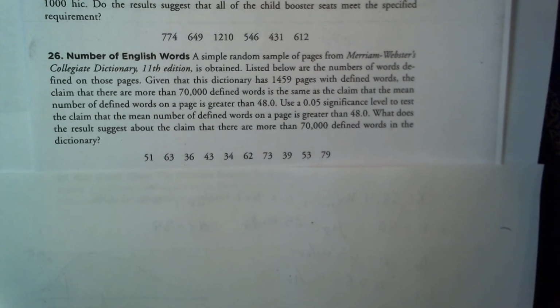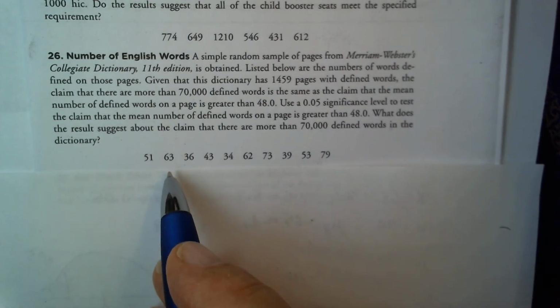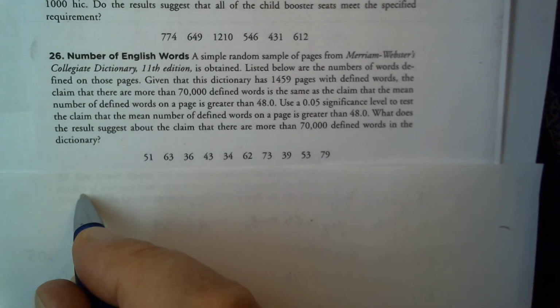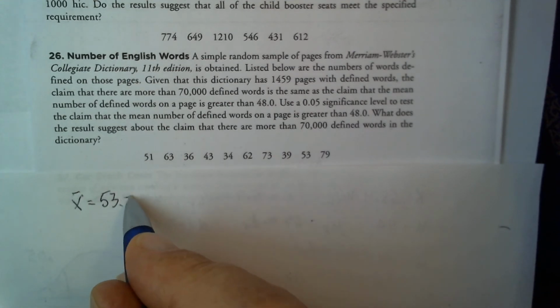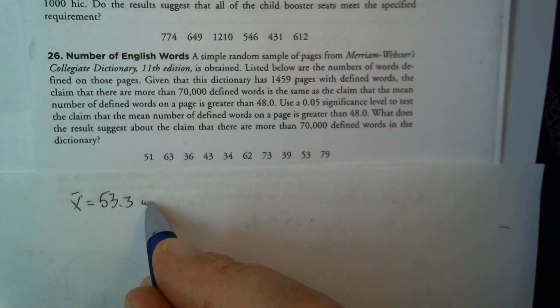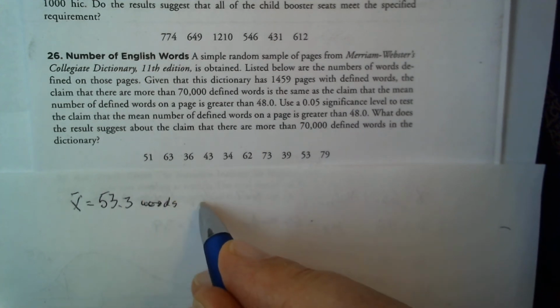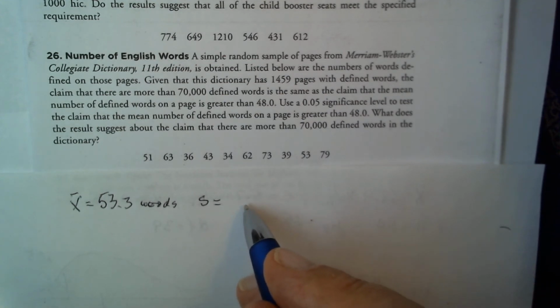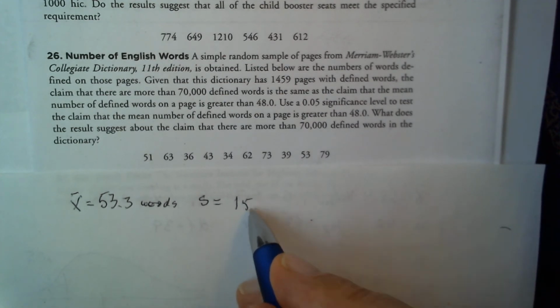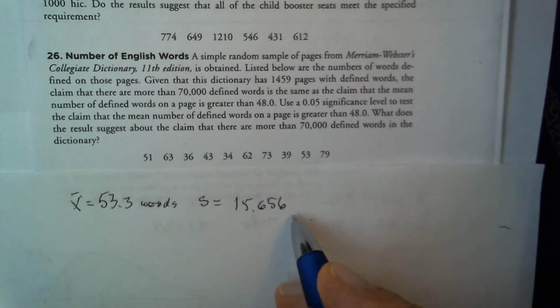So let's look at the data. When we use the existing data here, we find that our sample mean is equal to 53.3 words, and that the sample standard deviation is equal to 15.656.